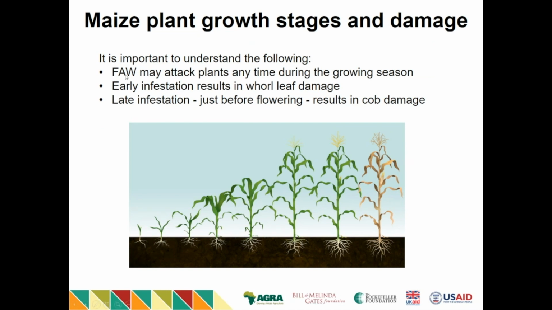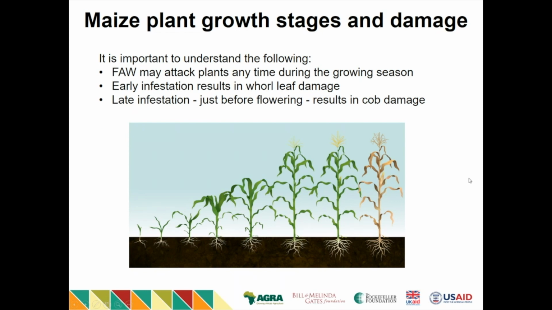Fall armyworm prefers to attack young plants that are still soft and growing nicely, but early infestation results in whorl damage, and late infestation results in ear damage or cob damage because the larvae can't feed in the whorl anymore and they have to climb out and start feeding on the ears.